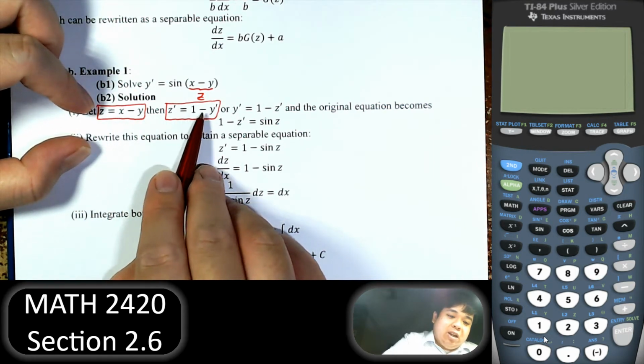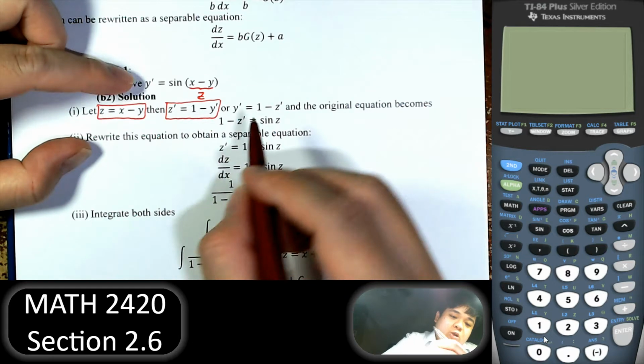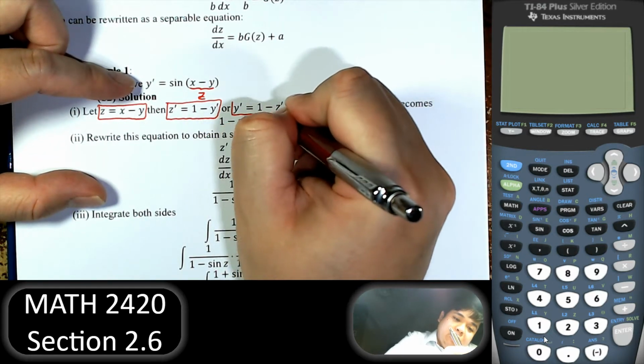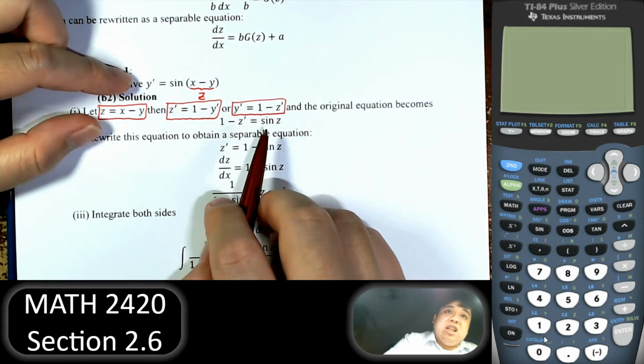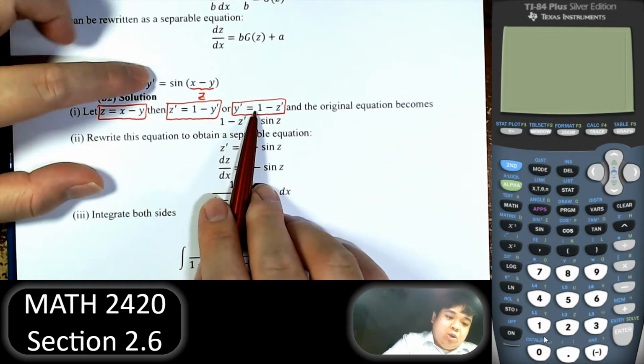So now if it is the case, move the y prime over and the z prime over, we have y prime is equal to 1 minus z prime. Substitute this back into y prime.